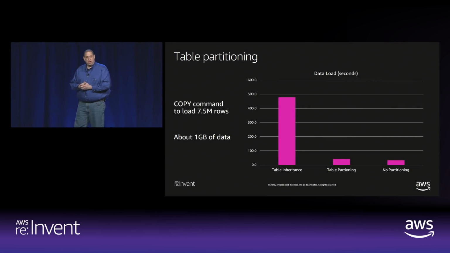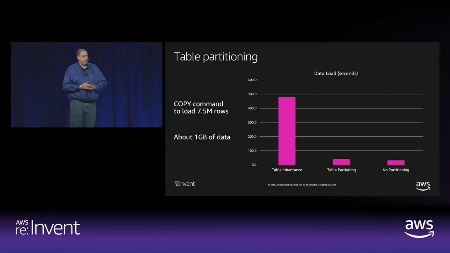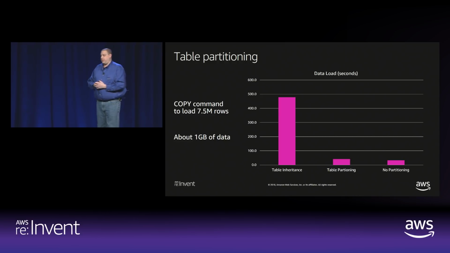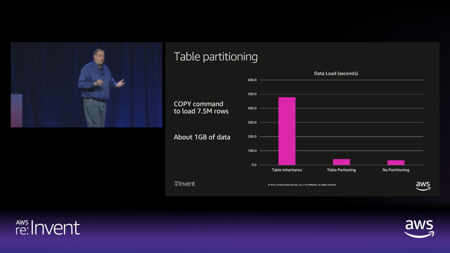If we had that orders table that we've been looking at, and we wanted to load in 7.5 million rows, which is about a gig of data, with the old version, with table inheritance with triggers, that would take about 8 minutes to load. With the new partitioning syntax, that same amount of data loads in about 40 seconds. That's more than a 10x performance gain, giving us performance very close to loading data as if there were no partitioning at all on that table.